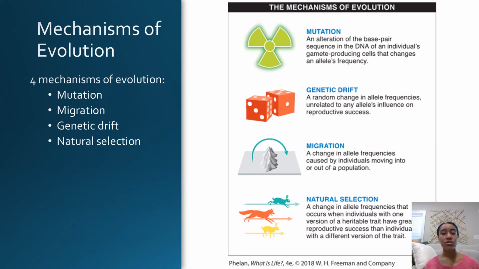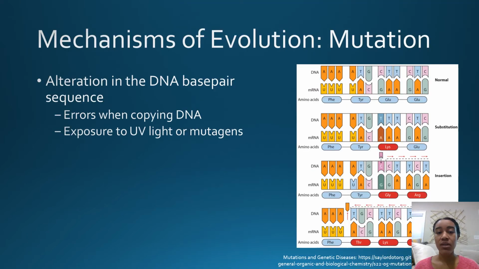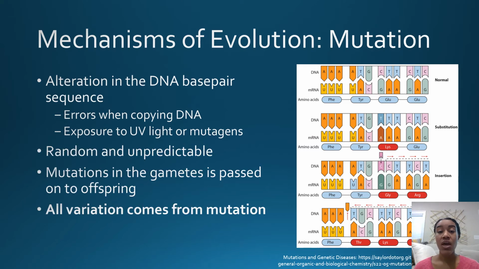Like I mentioned, there are multiple ways that you can get evolution, not just natural selection, and we will go through each of those independently. There are four mechanisms: mutation, migration, genetic drift, and natural selection. The first mechanism of evolution we're going to talk about is mutation. Mutation is the alteration in the DNA base pair sequence, and this can occur via errors when copying DNA, but it can also be a result of exposure to UV light or mutagens.